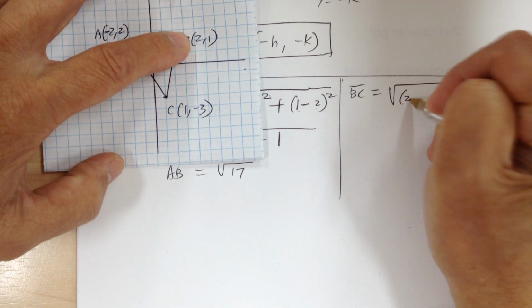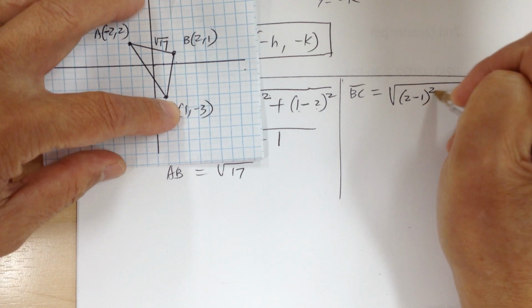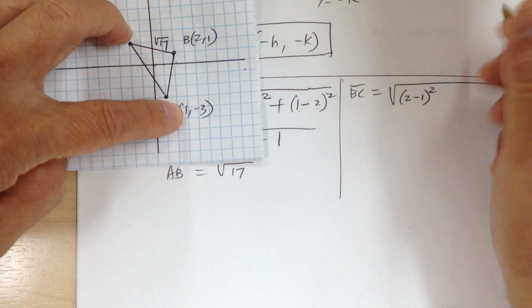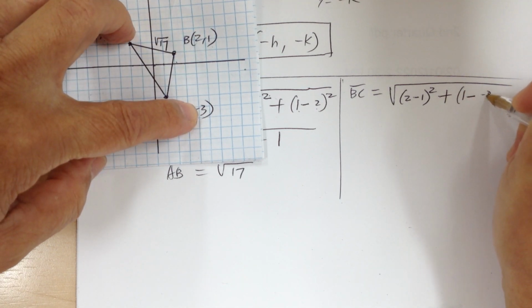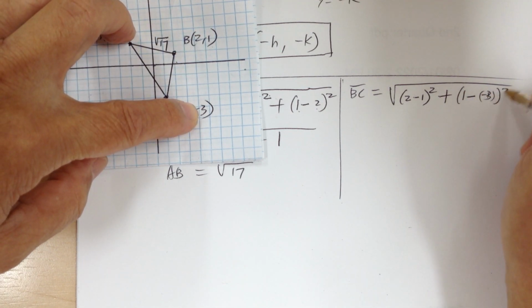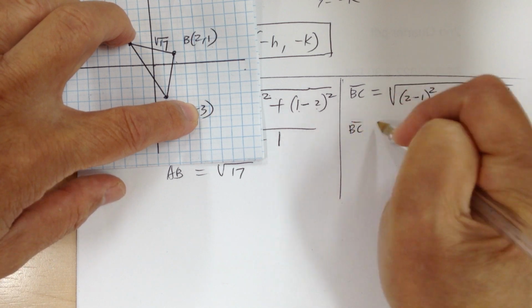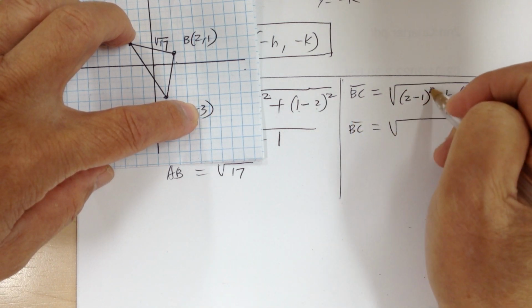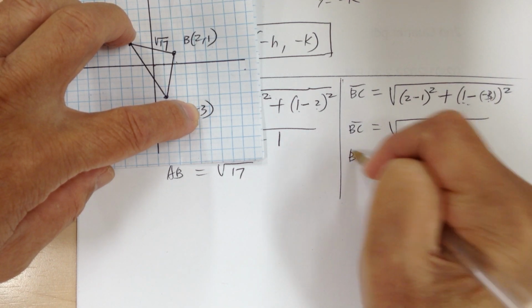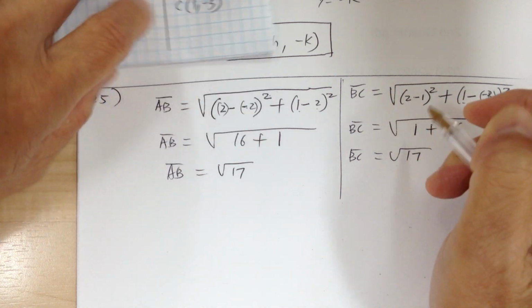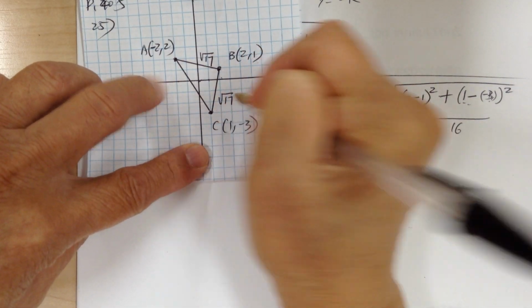So you're going to get 2 minus 1 squared, x2 minus x1, plus y2 minus y1. So BC equal to square root of 1 squared is 1. This will give you 4, 4 squared is 16. So BC equal to square root of 17. So this is also square root of 17.